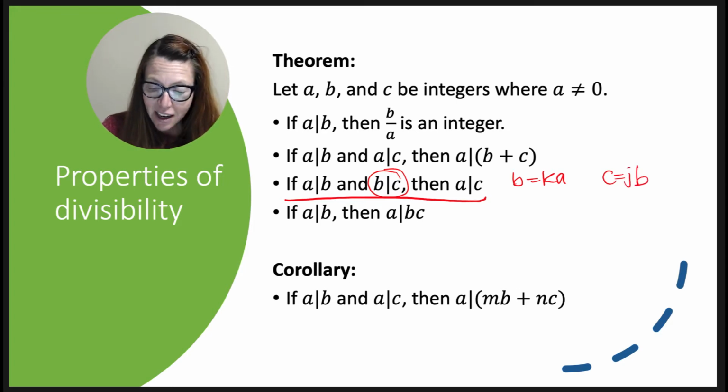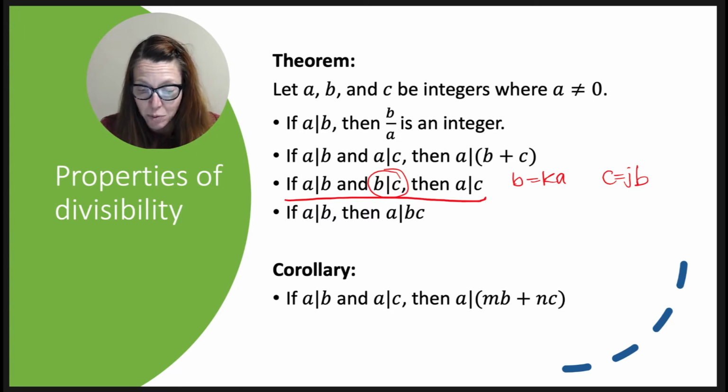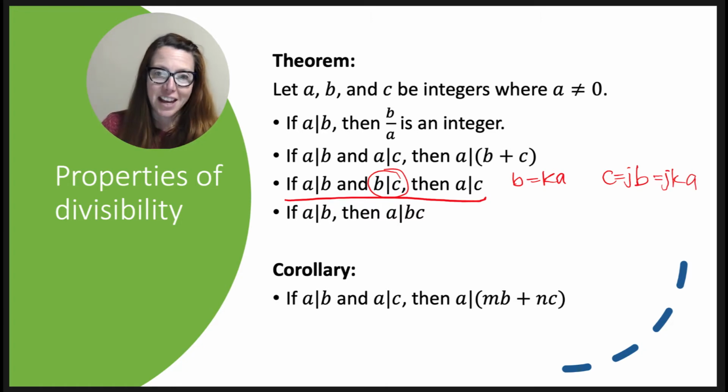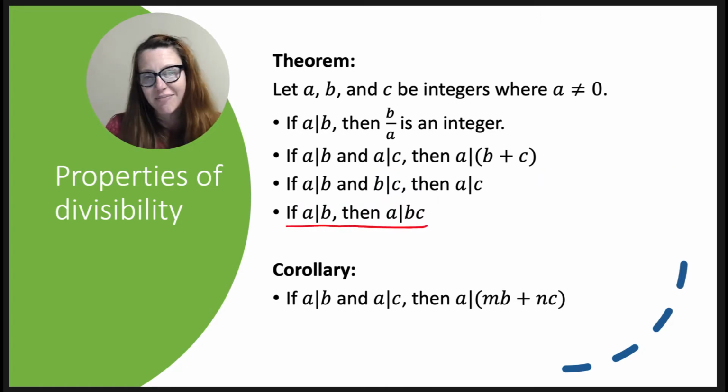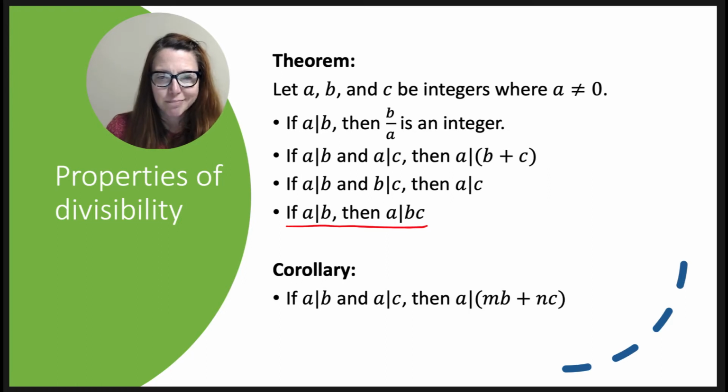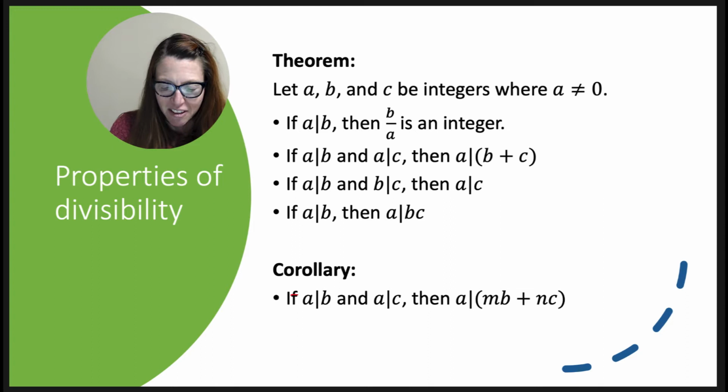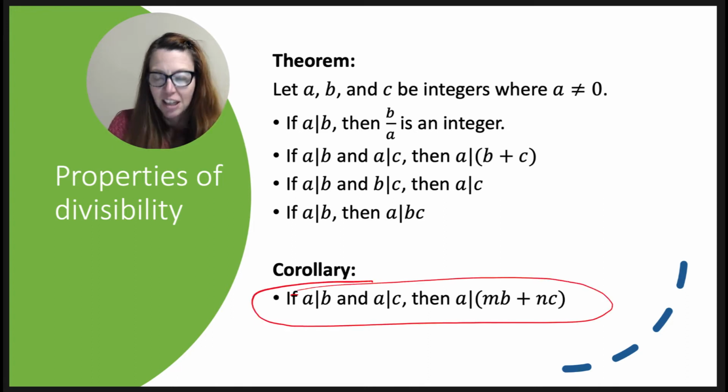But because we know that b is a multiple of a, we can also say that c is a multiple of a. If a divides b, it also divides b times c. That one's fairly clear. You can put those together and get a larger result, but for the most part, we just want to remember how divisibility works and what we can do with it.